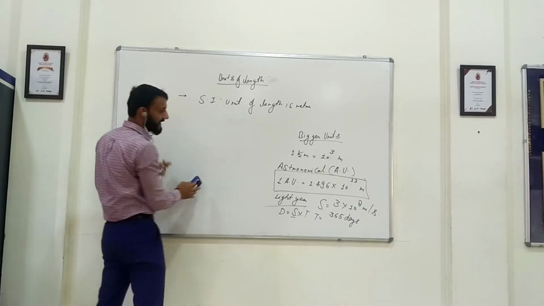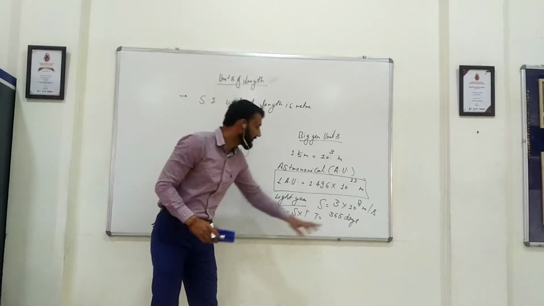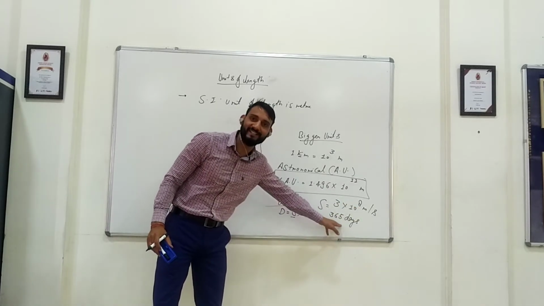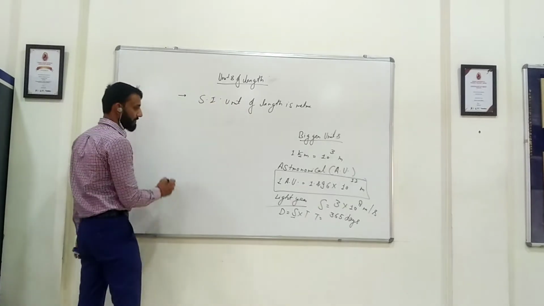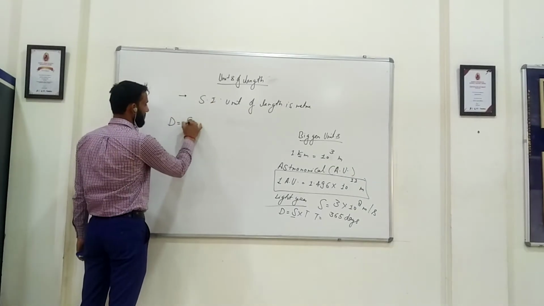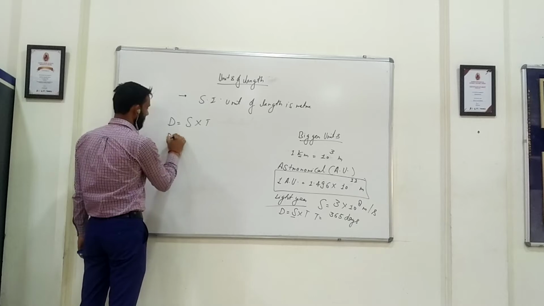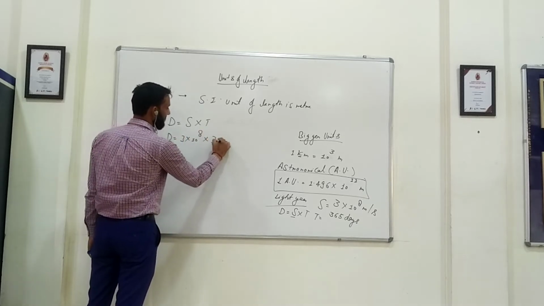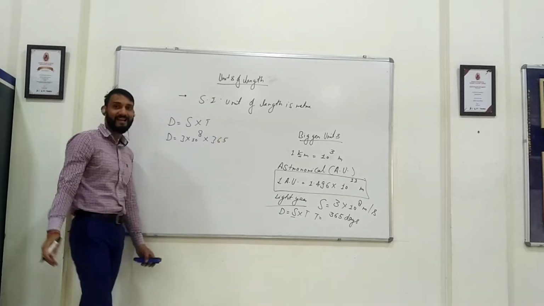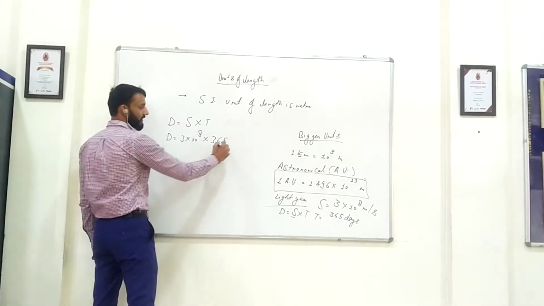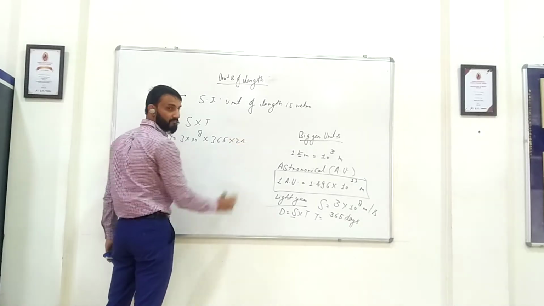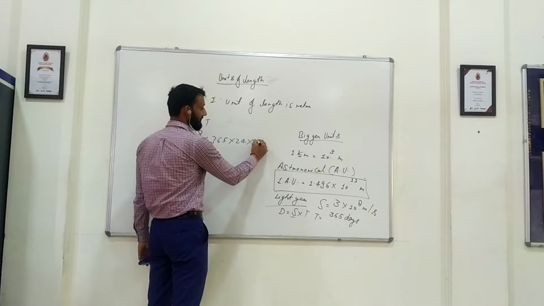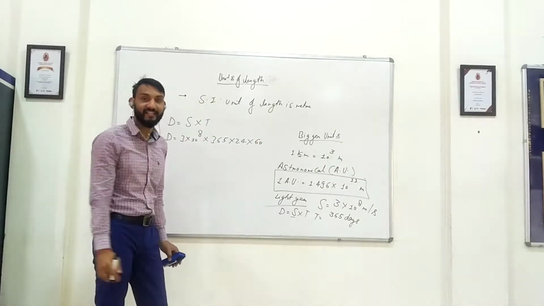Now I want to calculate it in meters, so I want to calculate time in seconds. This days I'll convert into seconds. So pay attention. Distance is equal to speed into time, which is 3 into 10 to the power 8 into 365 days. Now one day has how many hours? 24, so multiplied by 24 hours. 1 hour has how many minutes? 60 minutes. 1 minute has how many seconds?